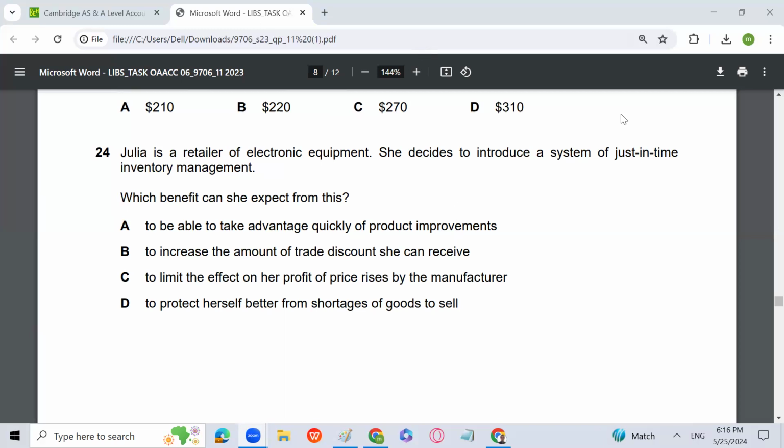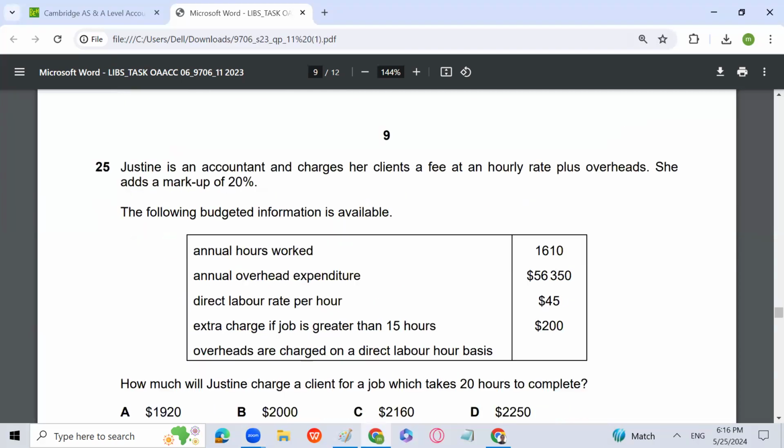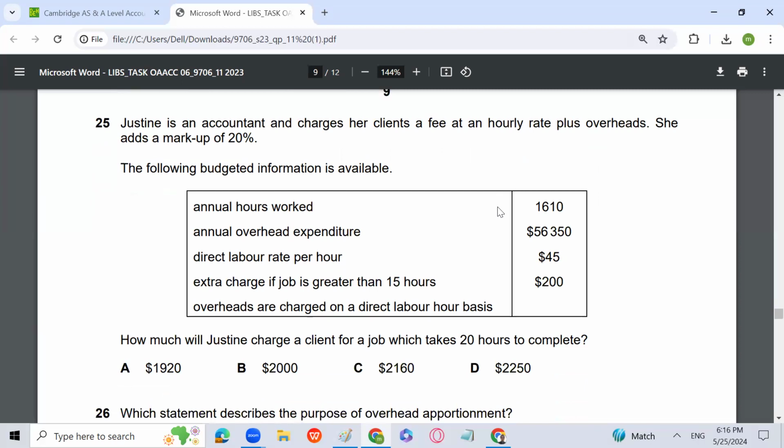Okay, next is going to be: Justin is an accountant and charges her clients a fee at an hourly rate plus overheads. He also adds a markup of 20%. Following budget information is available.